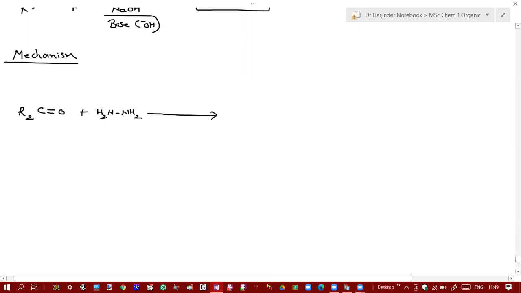Water will be removed and you will get hydrazone. Nitrogen has a lone pair of electrons. It acts as a nucleophile. It will attack here, this will shift over here, and then there will be a loss of a water molecule. So a simple condensation takes place with the loss of a water molecule and you will get hydrazone. This is called hydrazone.